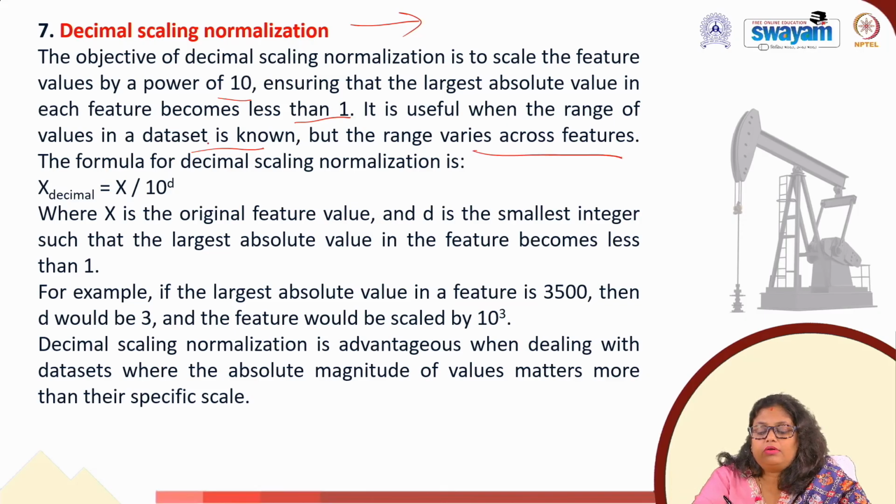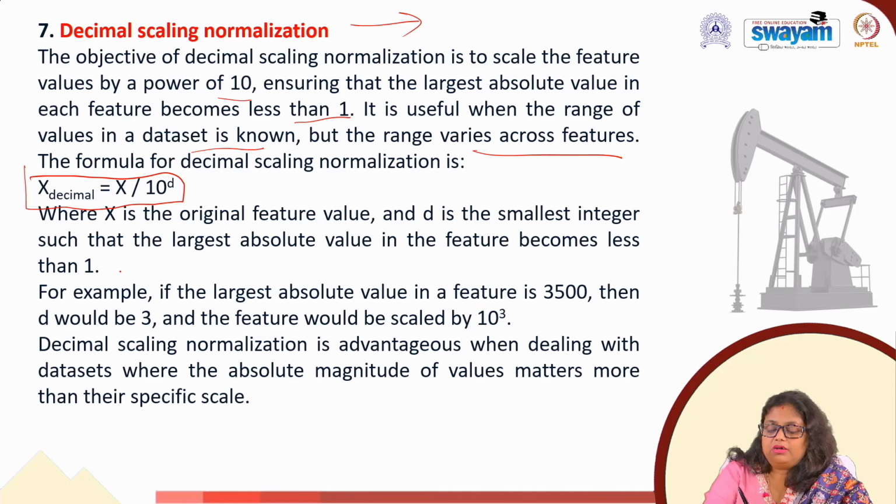Okay, so the formula for decimal scaling normalization: x_decimal equals x divided by 10 to the power d. What is d? d is the smallest integer such that the largest absolute value in the feature becomes less than 1. So whatever the largest value we have in our feature, that would become less than 1.